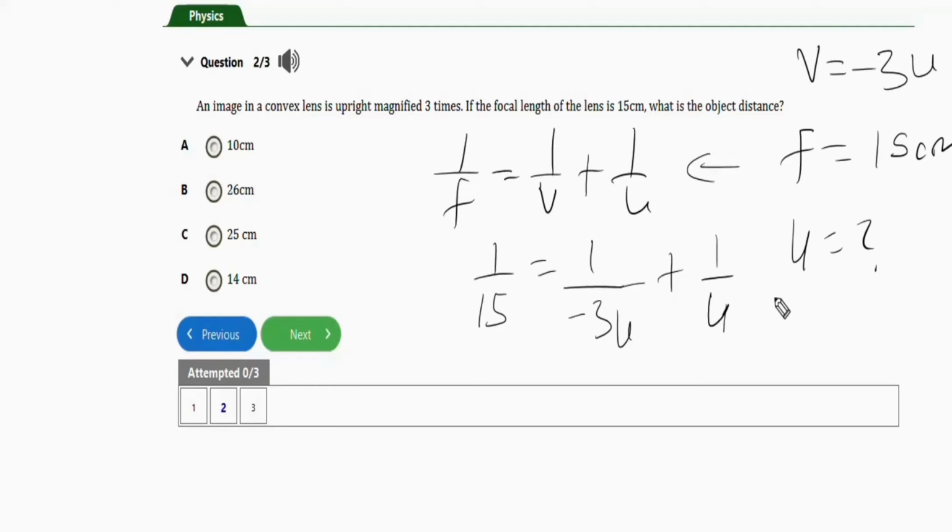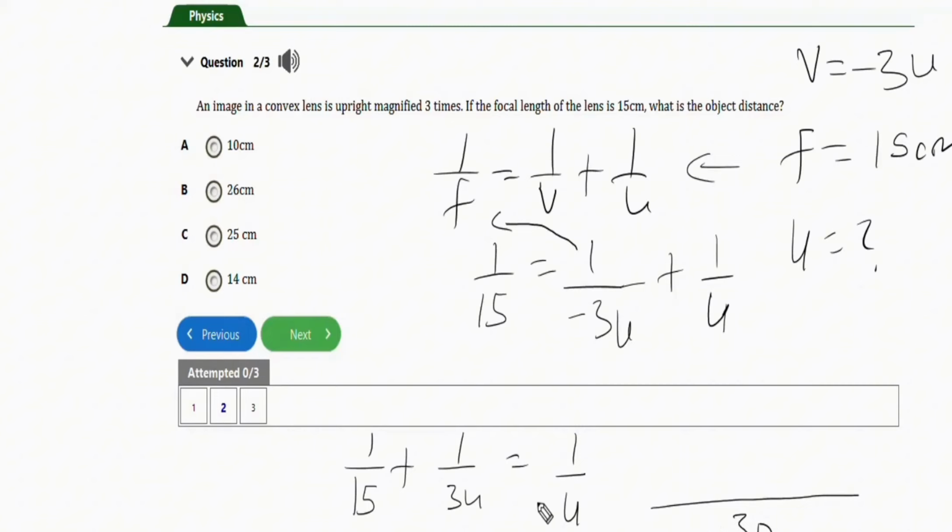Alright, so solving further, this will cross over the equality sign and it will change to a positive sign. So we have 1 over 15 plus 1 over 3u equals 1 over u. When you find the LCM, LCM is 30u.